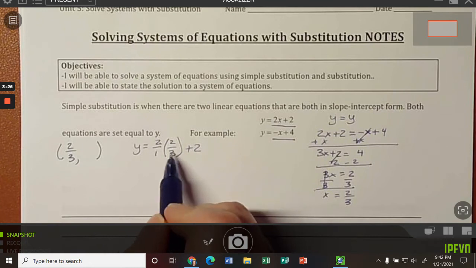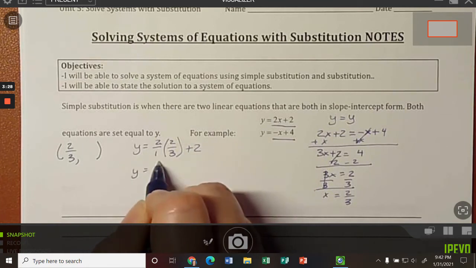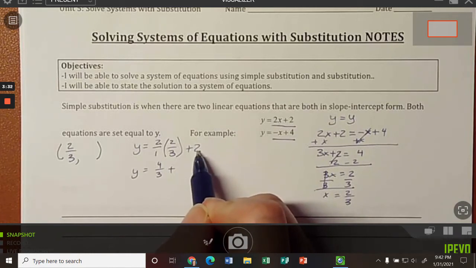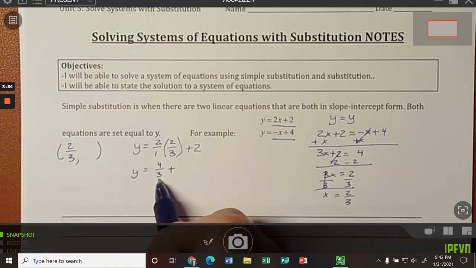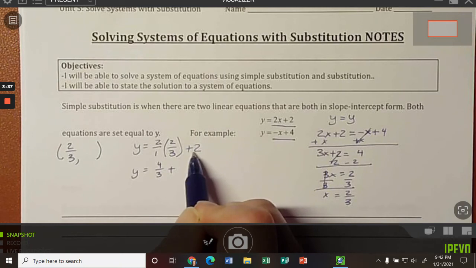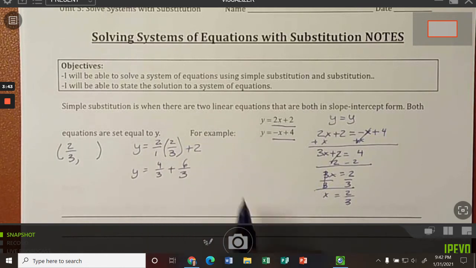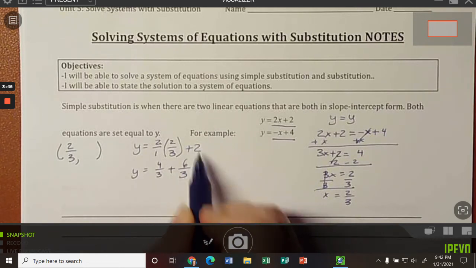2 times 2/3 is 4/3, so I have y equals 4/3 plus, and then instead of saying plus 2, I see that I am adding a fraction, so I'll just write that 2 as 6/3, so that I have a common denominator, because 6 divided by 3 is equal to 2.